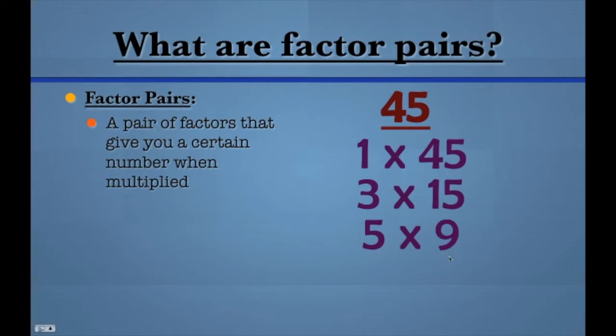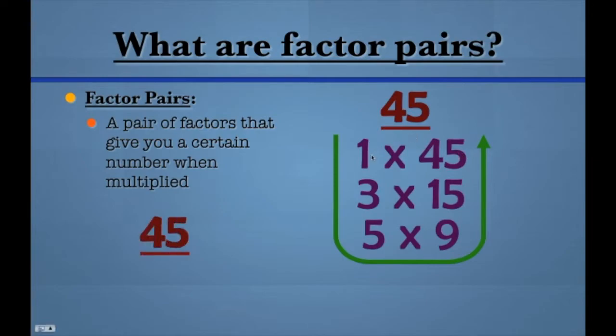And since it's already here, our factor pairs are complete. And we have a complete list of factors for 45, from the smallest all the way to the highest. So we could say our factors for 45 are 1, 3, 5, 9, 15, and 45.